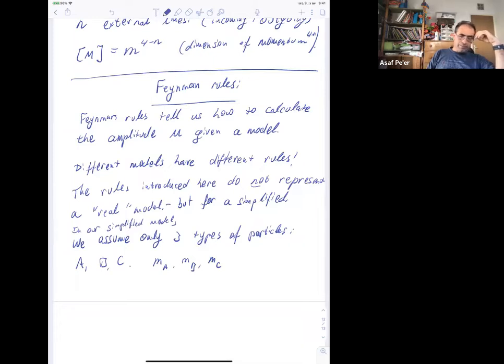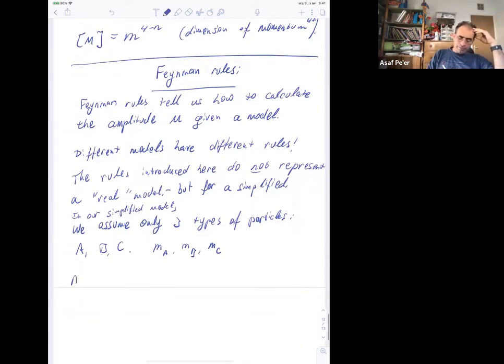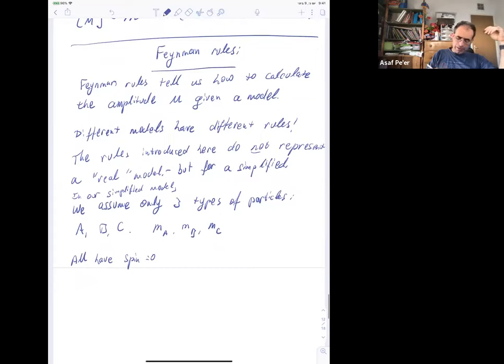They all have spin 0. And of course, each one is its own antiparticle. I don't assume any antiparticles, so I don't need to draw arrows, because each particle is its own antiparticle.